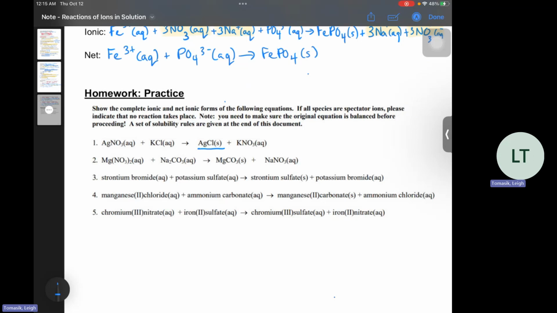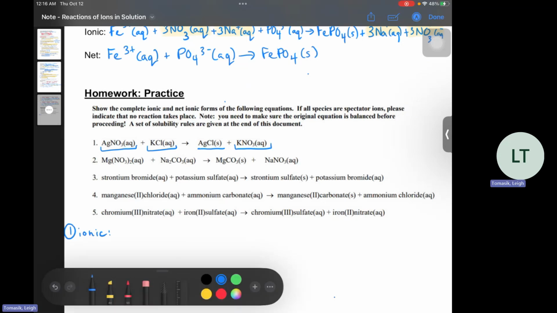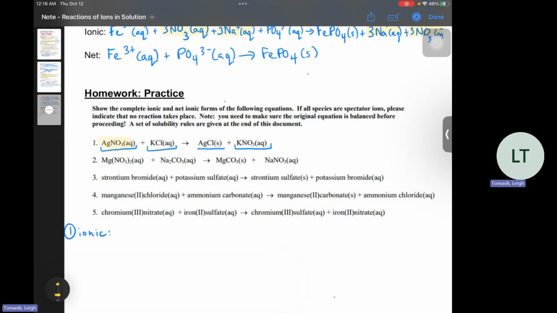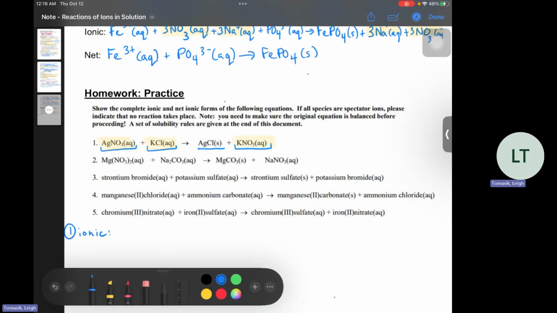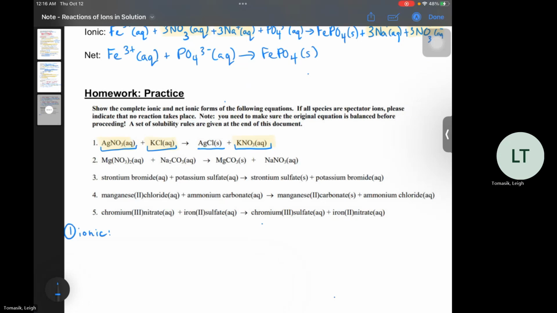So for question 1, we need to come up with the ionic equation, right? So everything that is aqueous, right? These 3 things will get turned into ions. The AgCl will not.